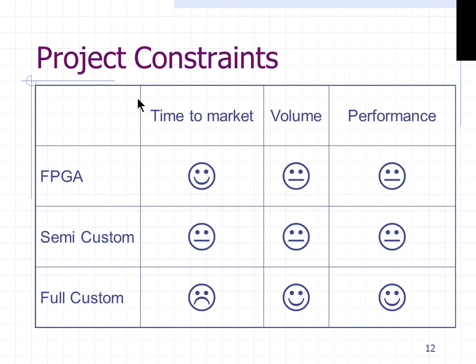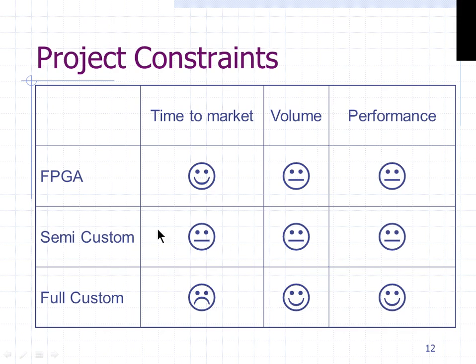So that's how full custom IC design works. When you compare certain parameters, time to market, volume production, and performance, FPGAs are the best from a time to market perspective. On volume, the cost per chip is higher compared to semi-custom or full custom IC design. Performance is somewhere in between. Semi-custom IC design is like the middle of the road.